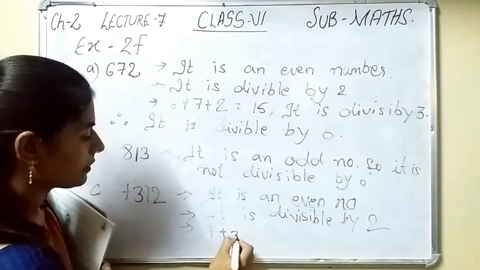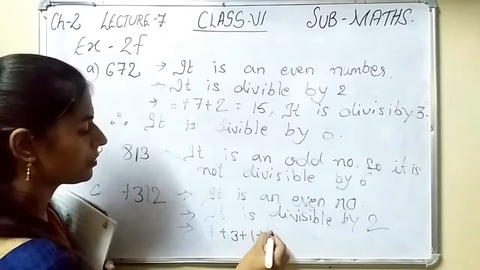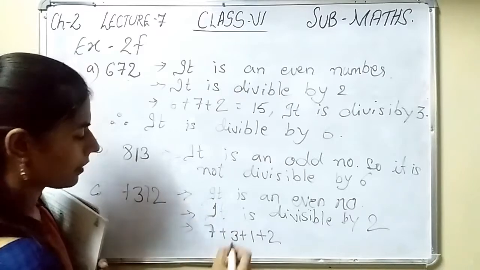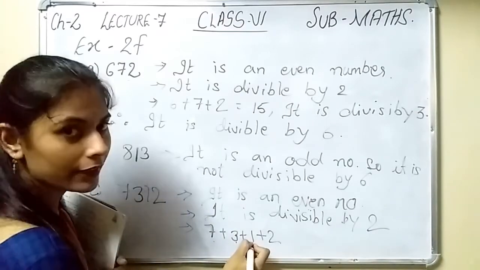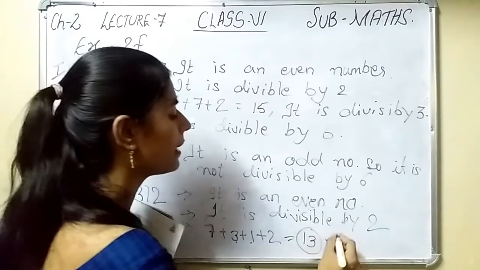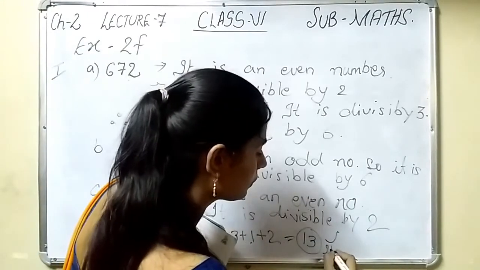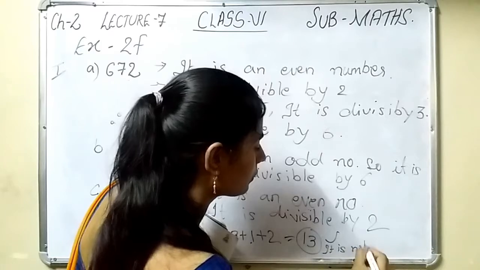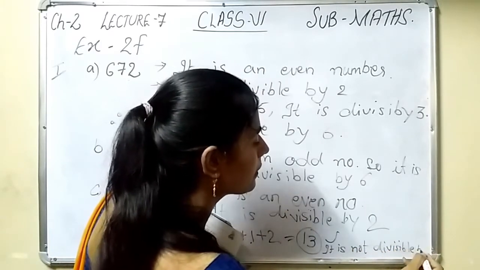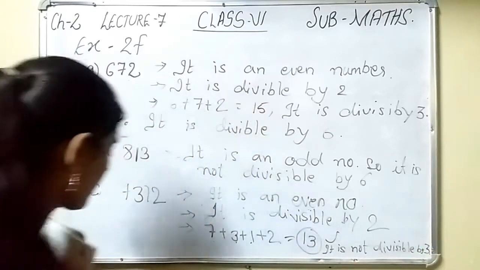7 plus 3 plus 1 plus 2. See, 7 plus 3, 10, 10 plus 1, 11, 11 plus 2, 13. Means 13 is not divisible by 3.